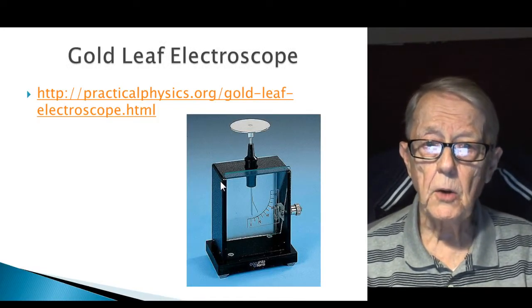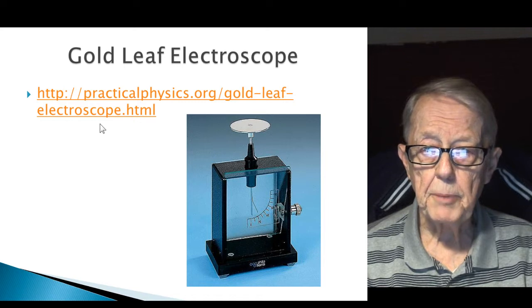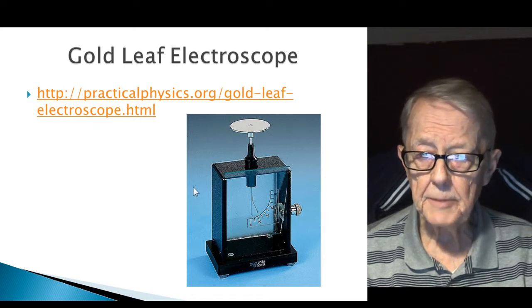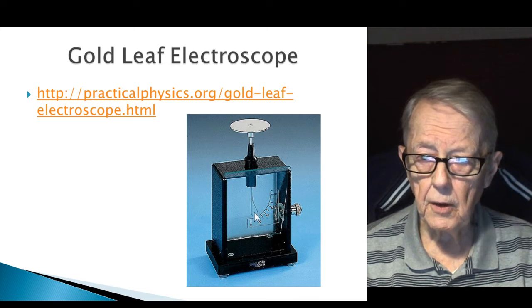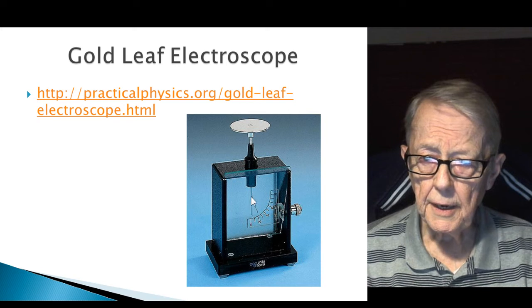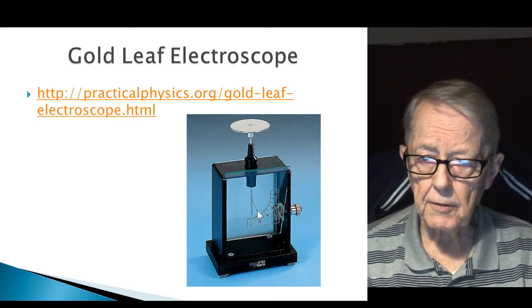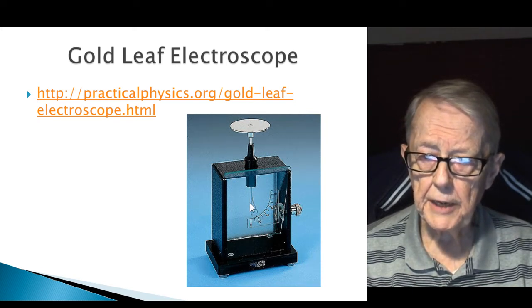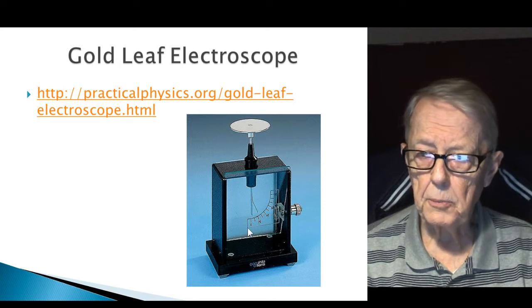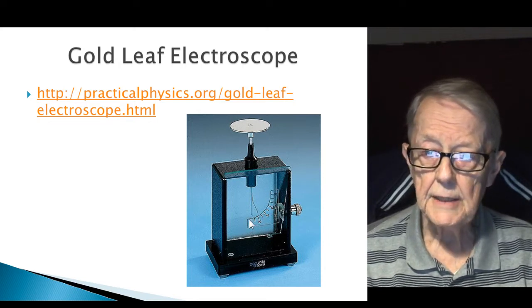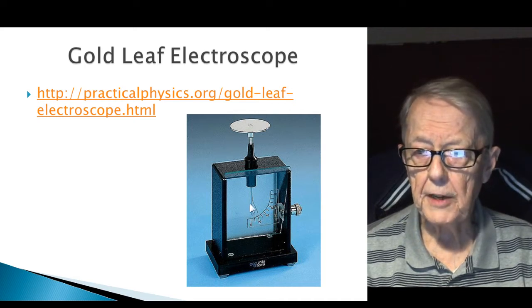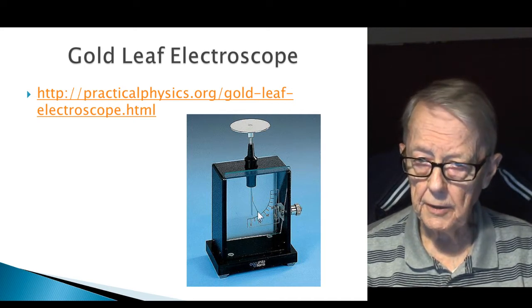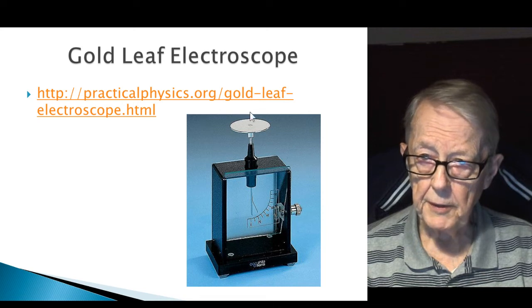So here's a gold leaf electroscope. I got the picture from this link. It has a plate up here and a conductor through all the way down to the bottom, through an insulator. And there's a gold leaf here, a flexible one. In this case, an electroscope with a scale on it has one of the legs of the electroscope fixed while the gold leaf moves back and forth depending on the charge.